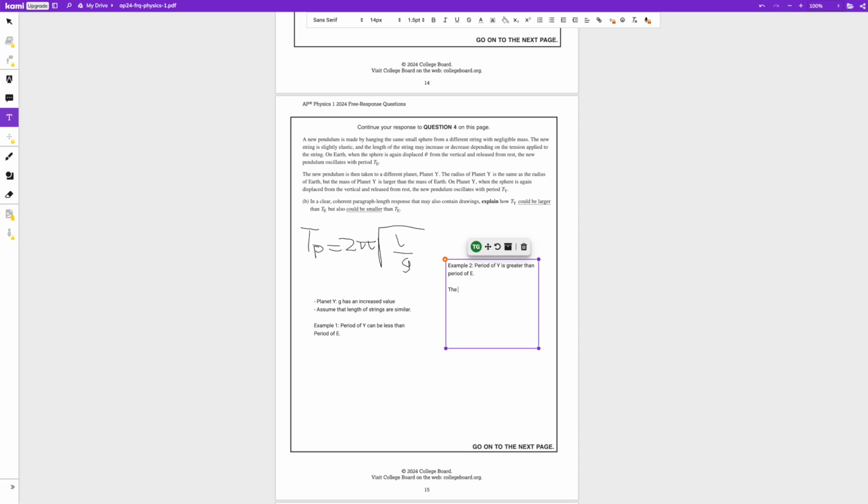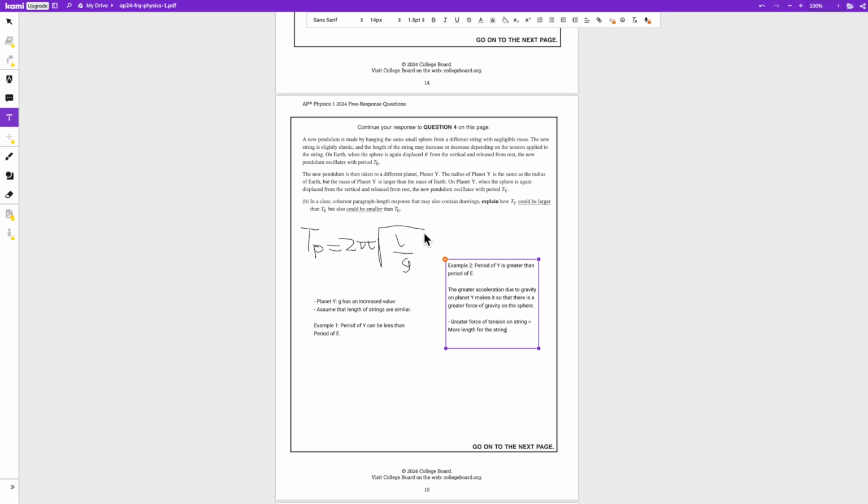We know the string is elastic, so the greater acceleration due to gravity on planet Y makes it so that there is a greater force of gravity on the sphere. This results in a greater force of tension on the string. So greater force of tension on the string equals more length for the string.